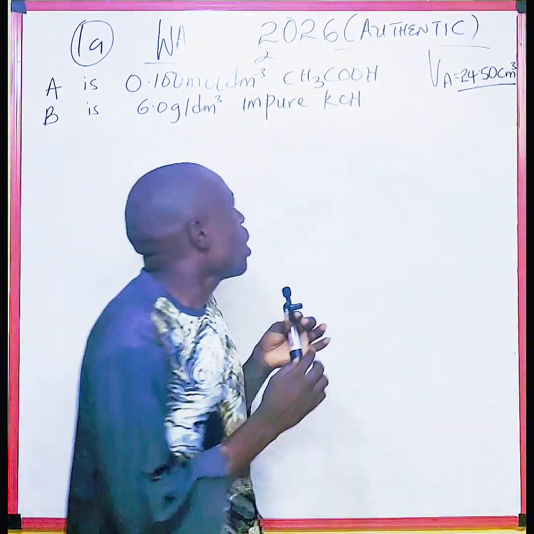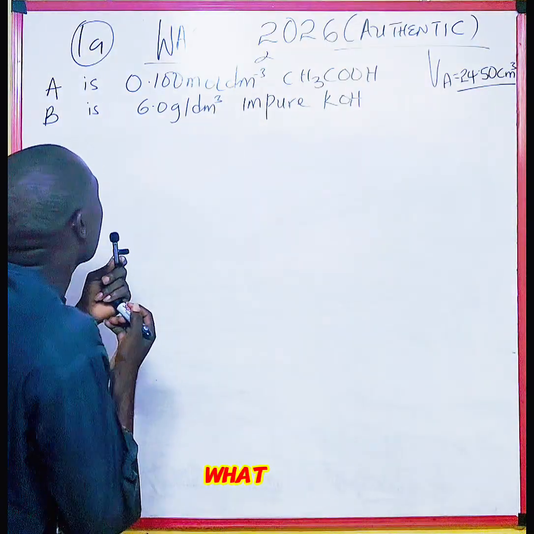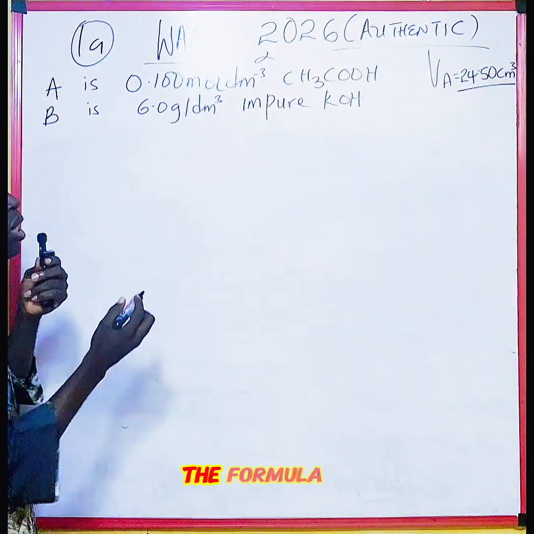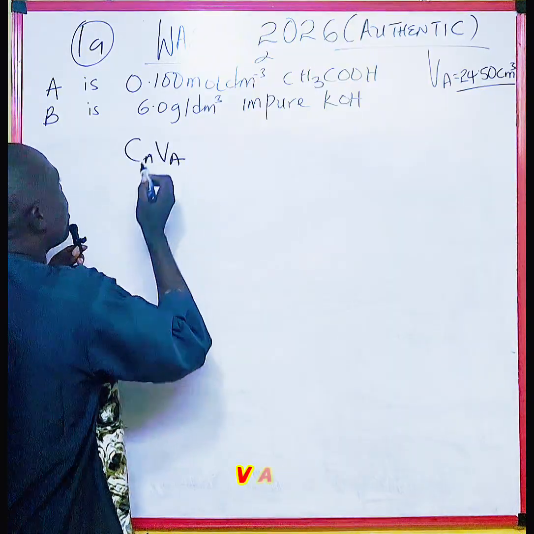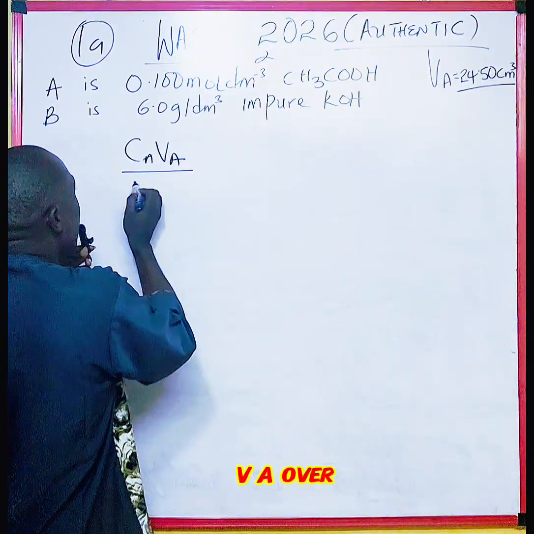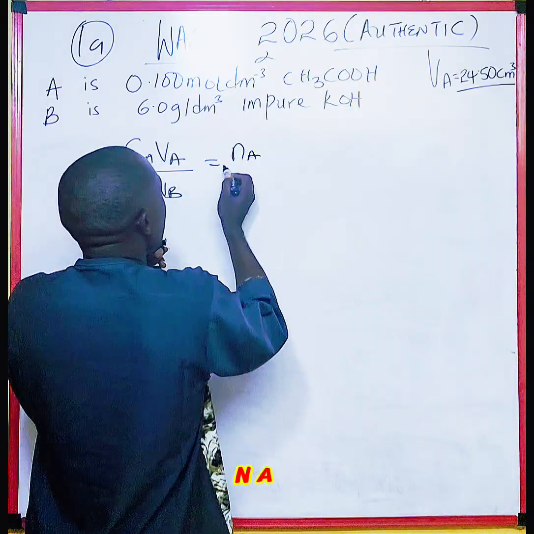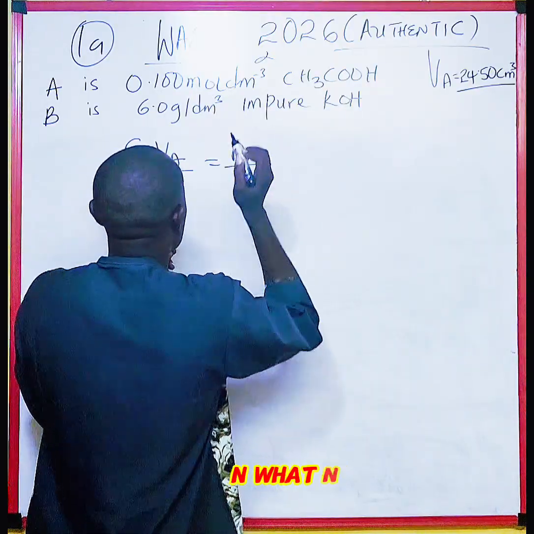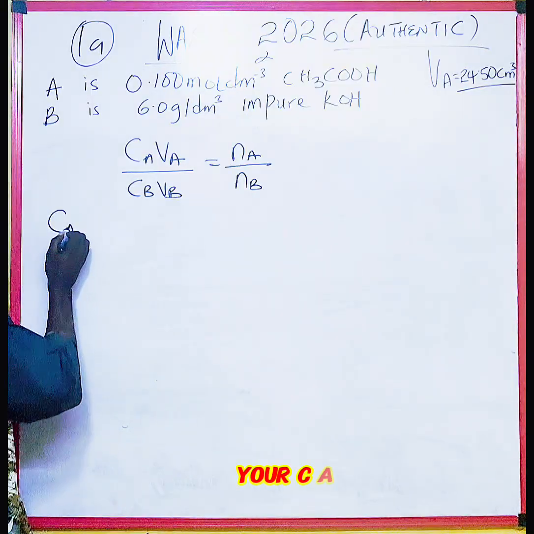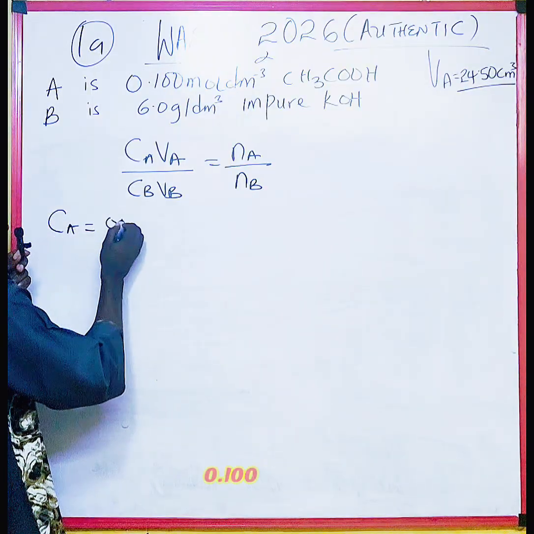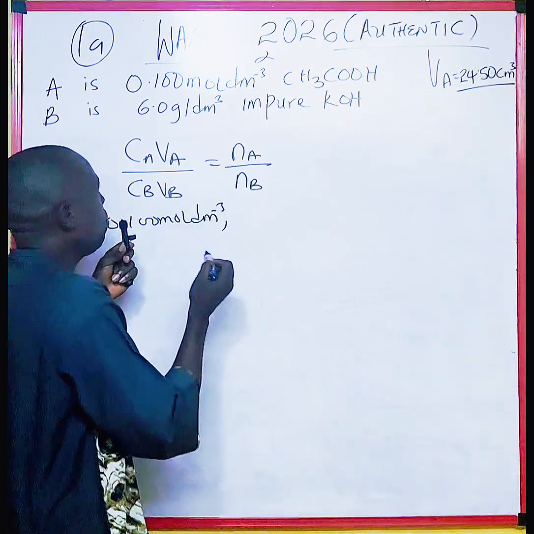Now, in solving this question, what were we given? The formula that we are to use is basically CAVA over CBVB is equal to NA over NB. From what you were given, your CA is 0.100 mole per dm cube.